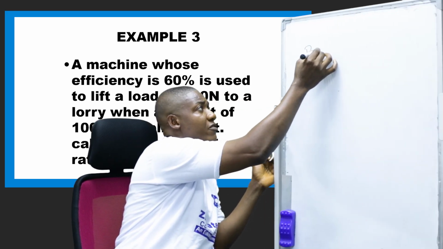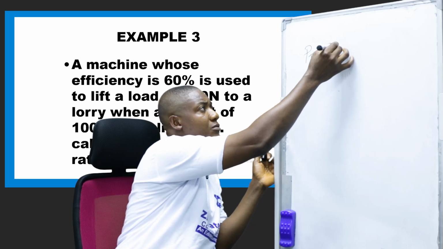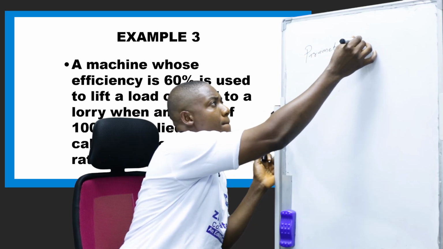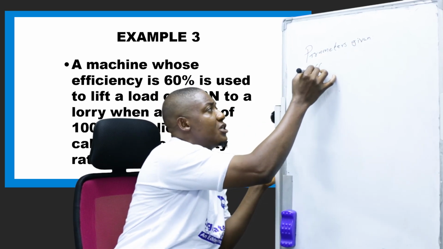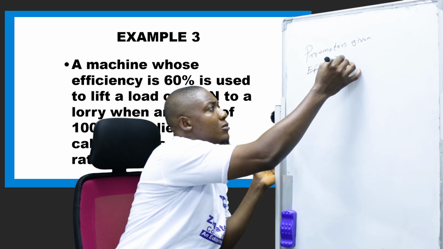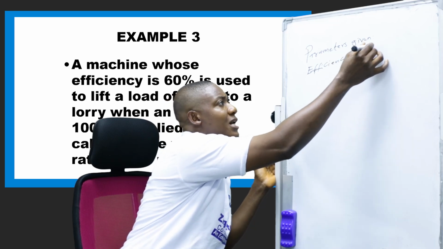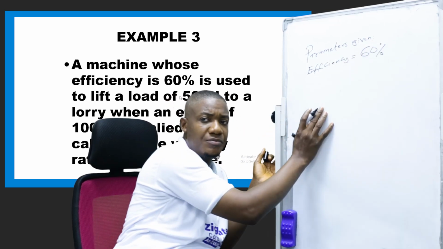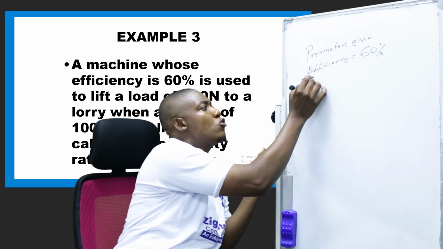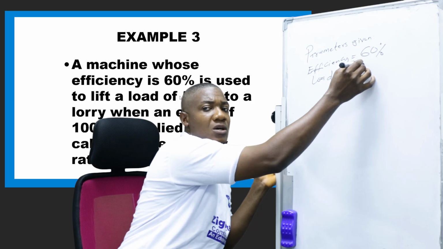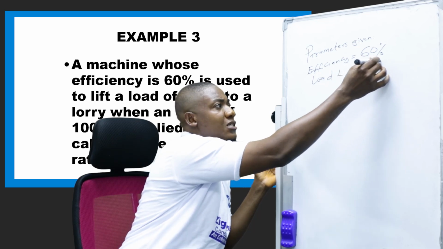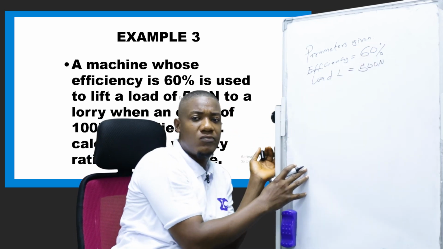So in this case, we have parameters given. Efficiency of the machine is given as 60%. Load, L, capital letter, is 500 newtons.